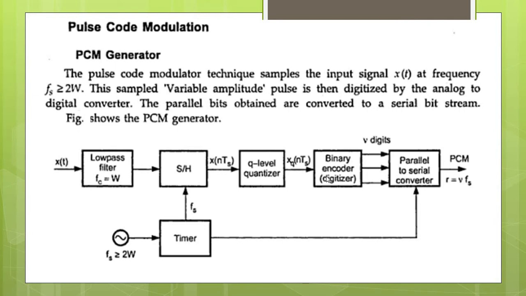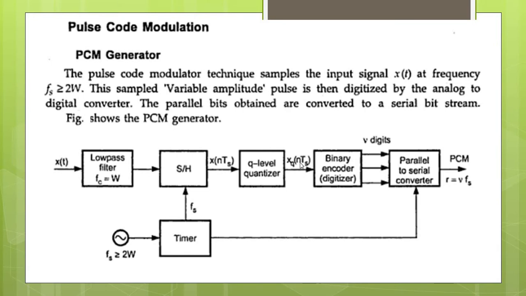Then we have a binary encoder, which is also a digitizer. The input of this binary encoder is the quantized values. So at the input of this binary encoder, we have the amplitudes of the samples which are present in the digital form. That is, they may be starting from 0, 1, 2, 3, 4 and so on.